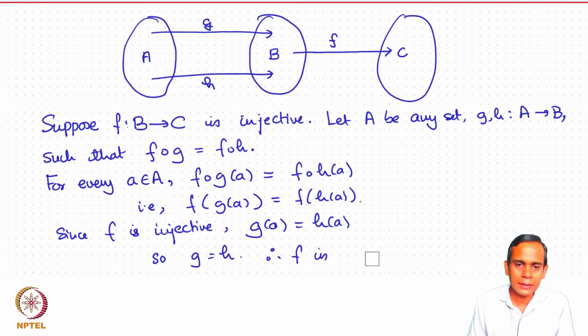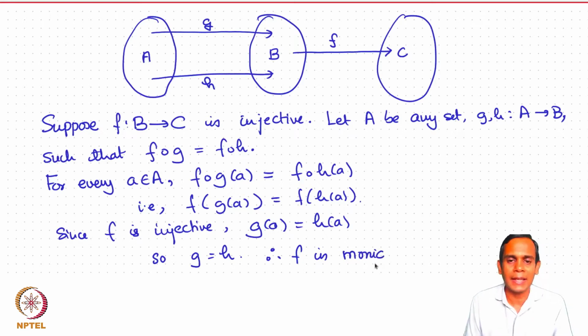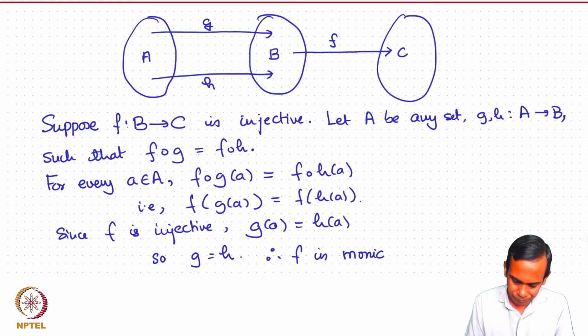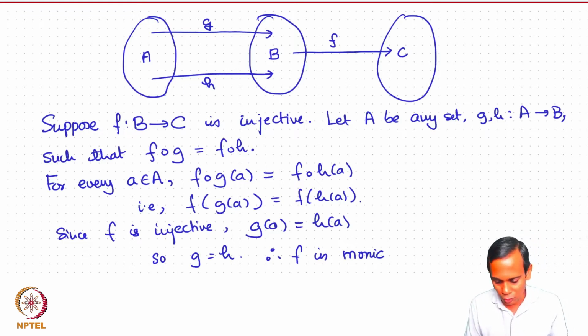So f is a monomorphism. That's very long, so we have an abbreviation: f is monic. This is a short way of writing f is a monomorphism. Okay, and now we've proved one way. Let's prove the converse.